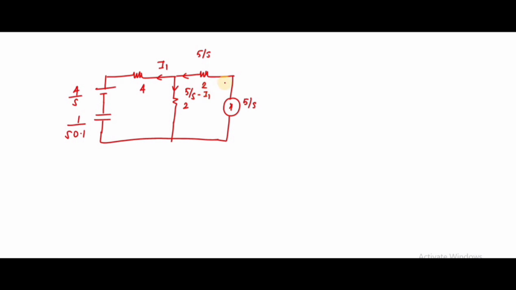For the first loop, I can write the equation: 4I1 plus 4 by s, which is a voltage, plus 1 divided by s 0.1 into I1, and minus 2 into 5 by s minus I1, because the current direction is opposite, equal to 0.